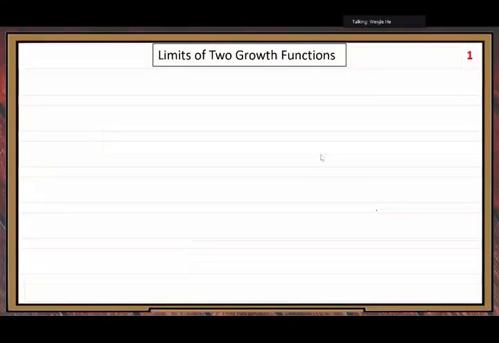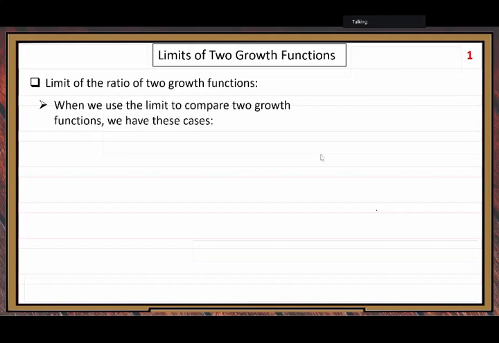Limits of two growth functions. Let's go back to the limit of the ratio of two growth functions. Here we consider all the possible cases when we take the limit of two growth functions. There are 4 different cases. The first case, the limit is 0.